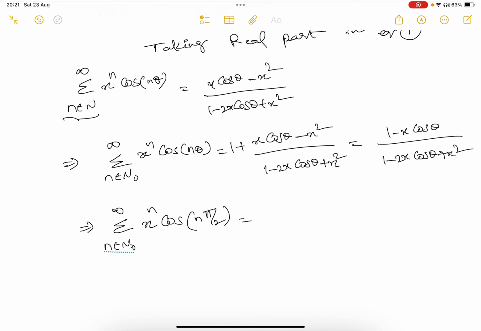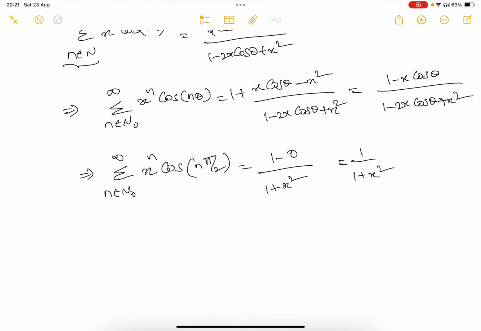which is 1 minus cos 90 is 0, then this will be 0 by 1 plus x square. Even in the second case, 2x cos theta will get 0, cos 90, right? And this will be 1 by 1 plus x square.